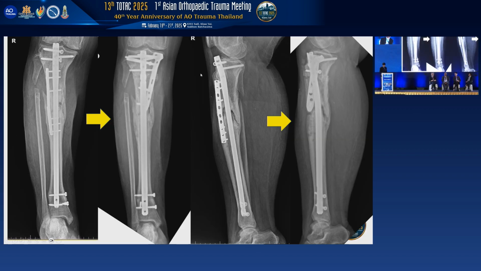I have a question about the healing of this one, but I think you can see that he has a lot of callus, I mean, the outer cortex has a lot of callus. So I think the fracture is trying to heal. Then I opened up at that time to remove the plate, and I saw a lot of callus, only some fibrous tissue inside.